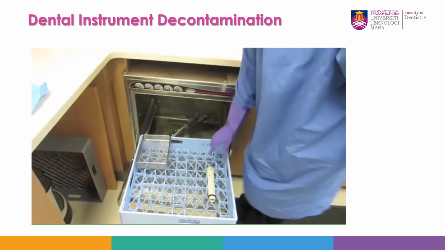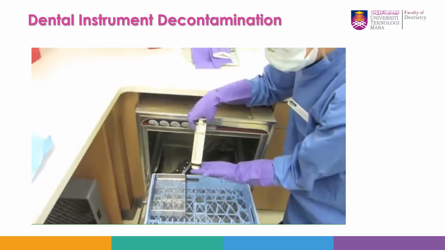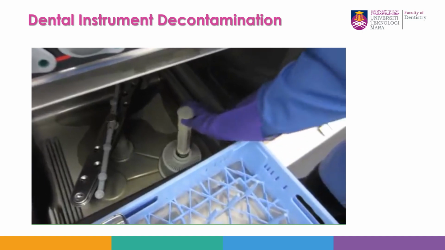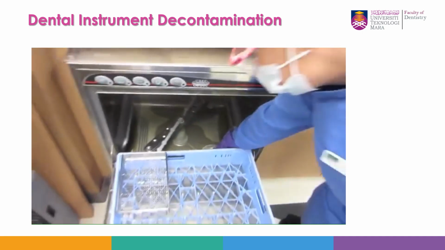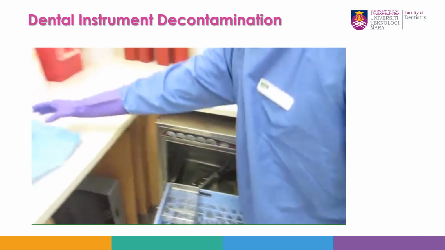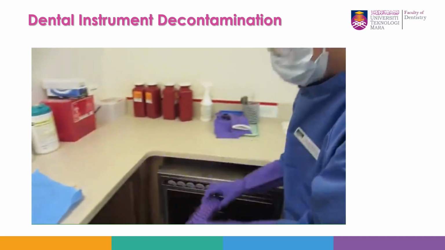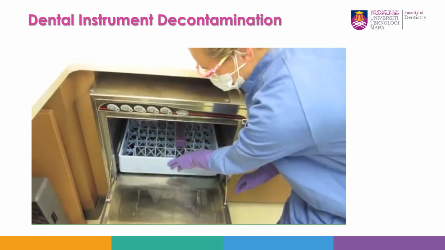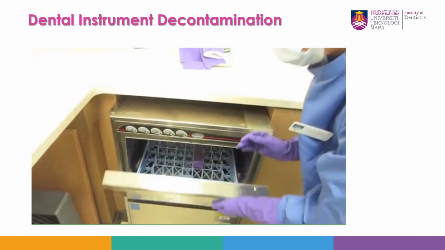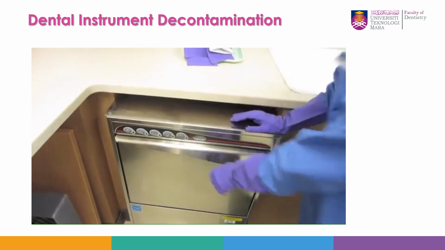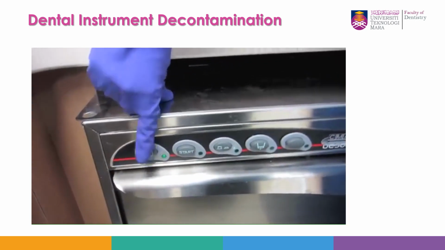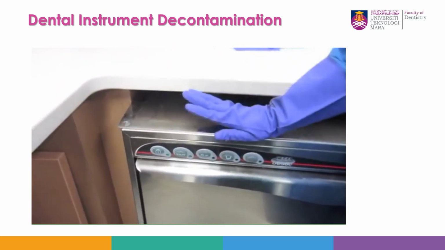Insert the overflow tube in the seat inside the wash tank. Load the cassettes in the rack. Close the washer door. Turn on the washer by pressing the on-off push button. Wait for the water to fill up.